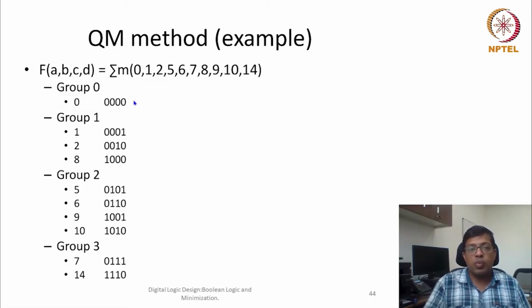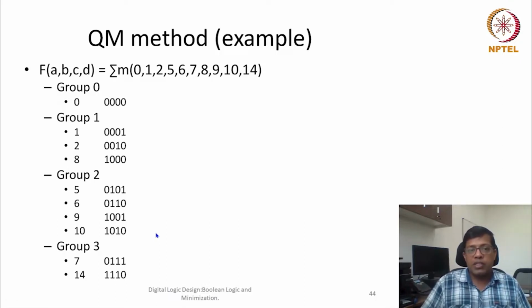So there is no possibility of grouping between non-adjacent groups in this method. Group 0 can only combine with group 1, and group 1 can only combine with group 2. So each group can compare with the next group, and each time we are reducing one particular variable.